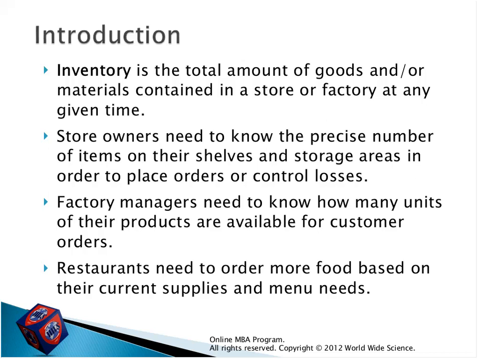For example, a shop owner needs to identify how many items of their goods they have on the shelves, right? Because the demand must be satisfied by the customer needs, and we have to order and control it.